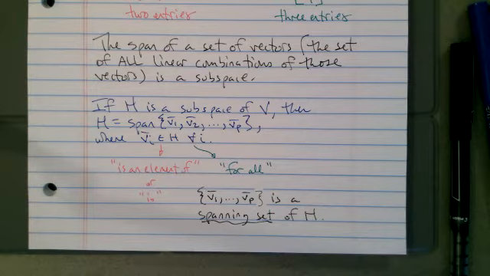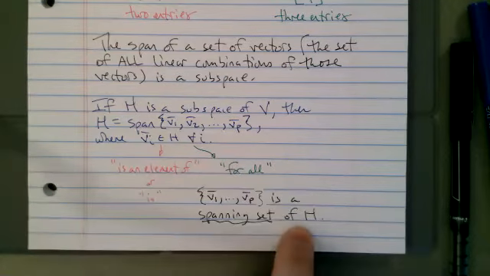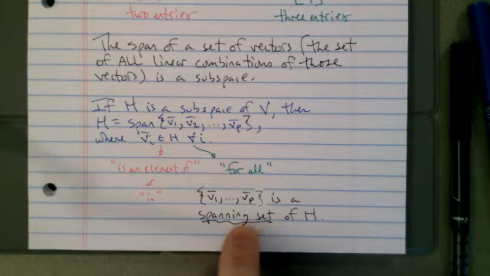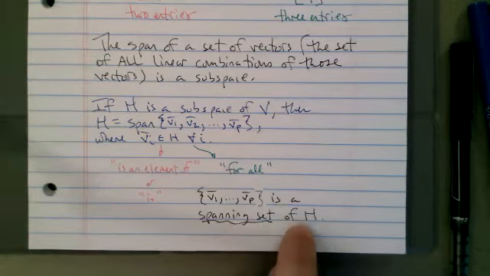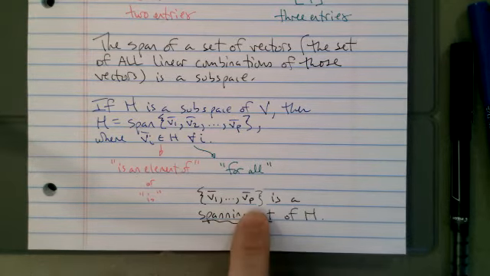In this case, there are p vectors that are spanning H, but H has an infinite number of vectors. So the set of vectors that does the spanning is finite, unless the vector space is infinite dimensional. What I have here is a finite set of vectors.